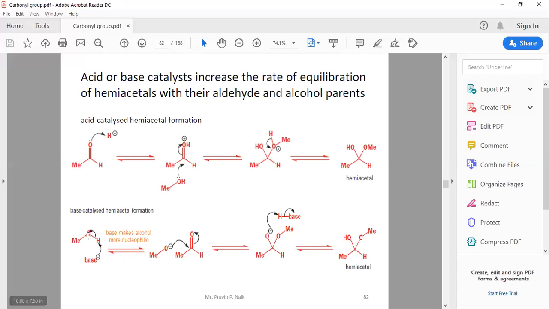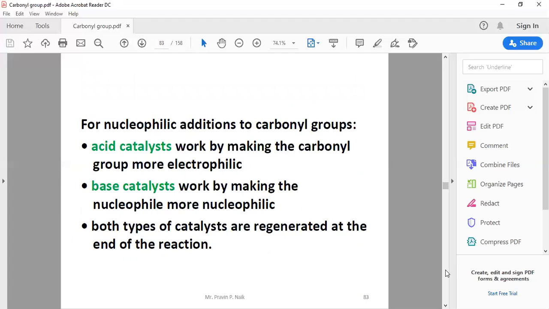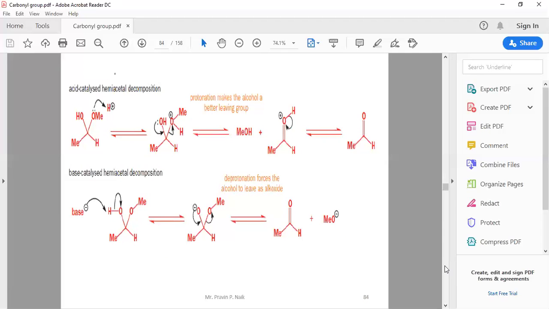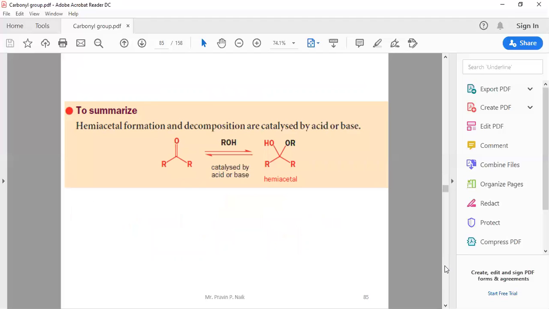Here this is your nucleophile, and here also it is a nucleophile, but when it is base catalyzed, since the base abstracts the proton, this becomes more nucleophilic as compared to this step. Both types of catalysts are regenerated at the end of the reaction. To summarize, hemiacetal formation and decomposition are catalyzed by acids or bases.